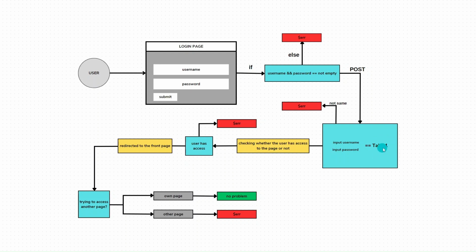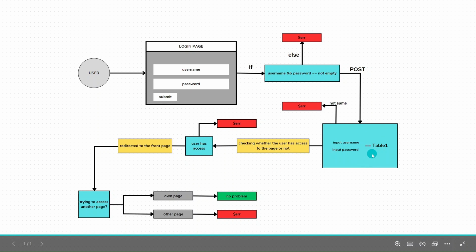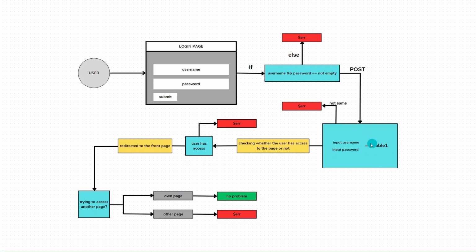Because we will use three tables. Table 1 is to keep the username and password. Table 2 is for connecting with table 3, and table 3 is to give access, like at this one. So we go back to this chart.